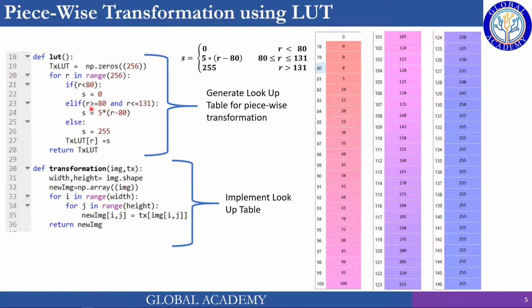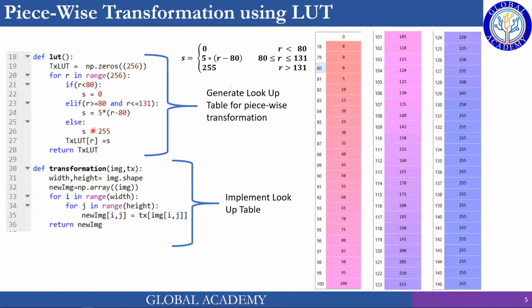Else if the value is greater than 80 and less than 131, implement the transform which we calculated earlier. And if the value is greater than 131, save 255. Then save that value to this array and return that array as a transformation.